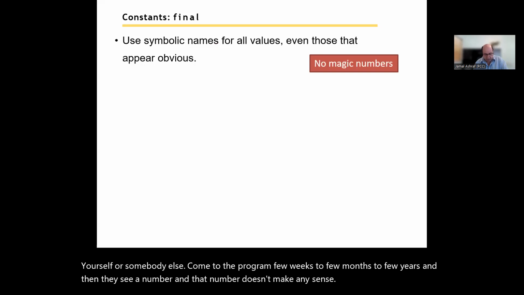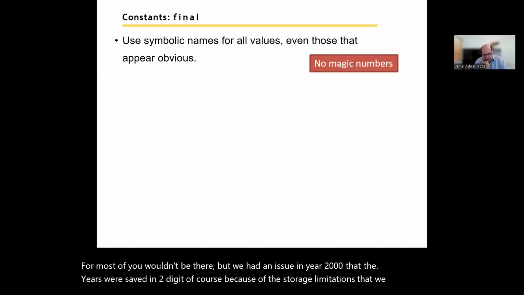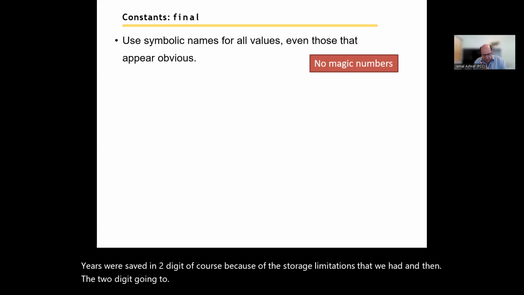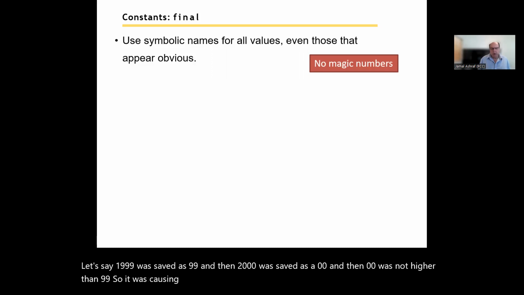For most of you wouldn't be there, but we had an issue in year 2000 that the years were saved in 2 digits, of course, because of the storage limitations that we had. And then 1999 was saved as 99, and then 2000 was saved as 00. And then 00 was not higher than 99, so it was causing some problems, and we didn't know how much of an issue we had.